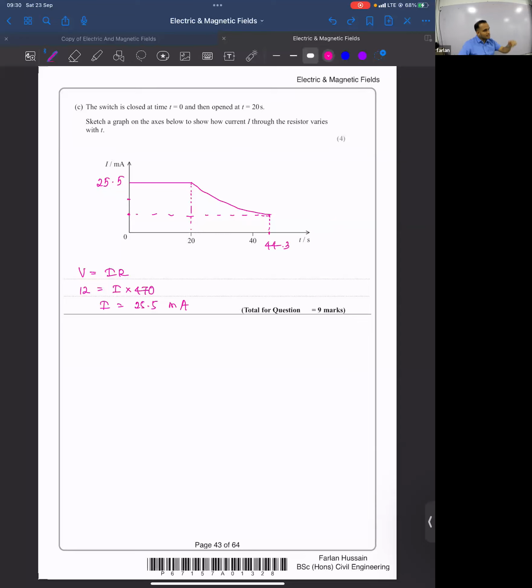So to be on the safe side, if I am a student, I will write everything that is relevant. In this question, I don't know what the 4 marks are given for. The shape is there, but I don't think 4 marks will be given just for the shape. So I did a calculation just to show, in case they have allocated marks for it, we will get it, nothing to lose.